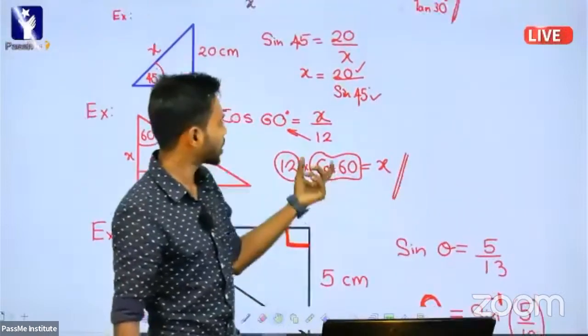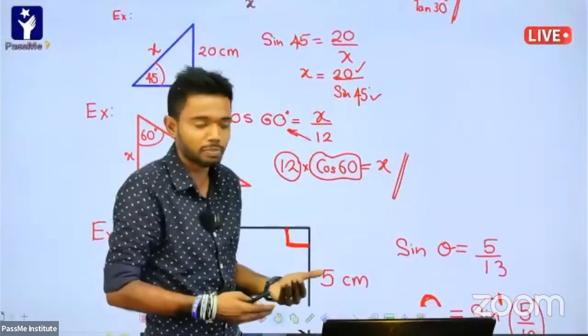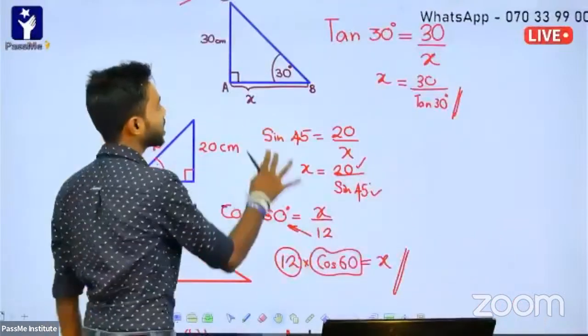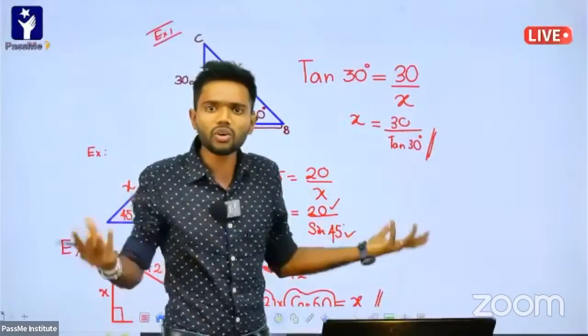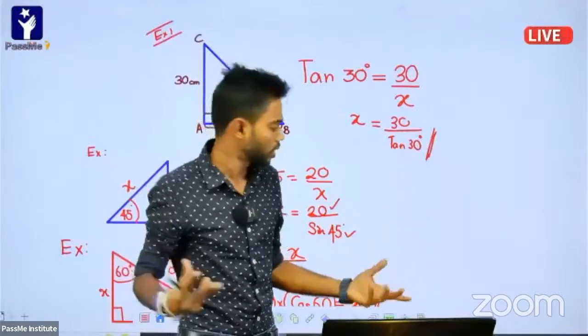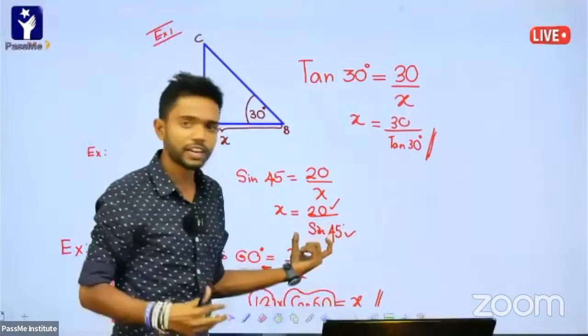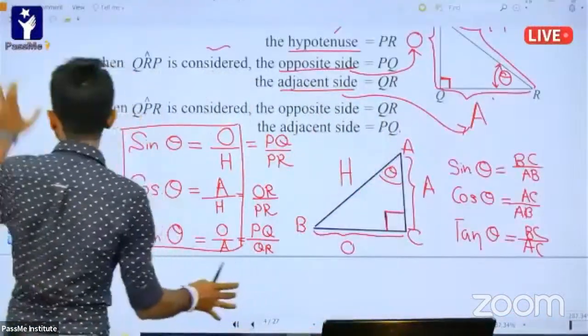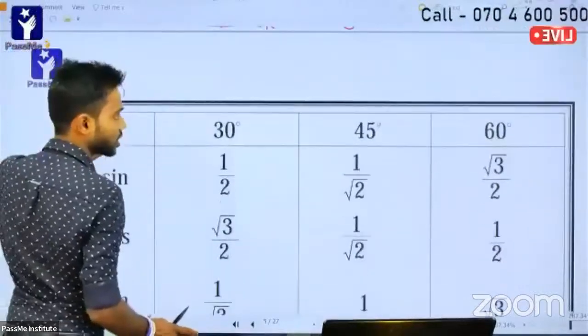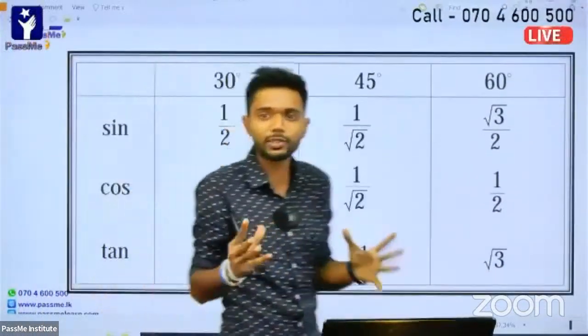Everywhere we had some cos or sin story. Then let's go to the first one. Then you can see here tan 30, unknown term, right? Unknown term. But here sin 45, it's an unknown term, but you can use now this table. I have listed the table, this is the table you can use.